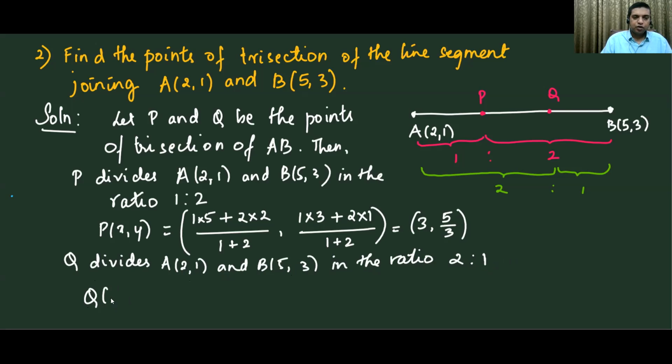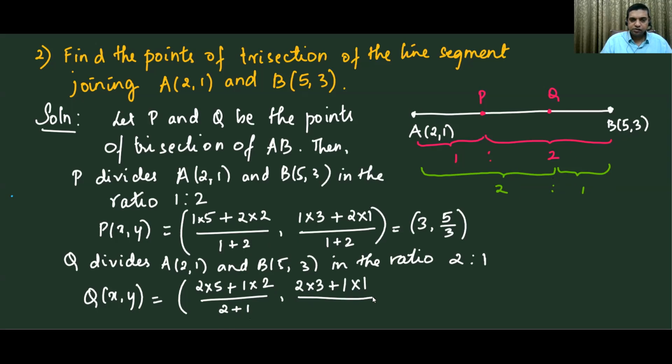Therefore, Q(x, y) will be the x coordinate 2 times 5 plus 1 times 2 by 2 plus 1, next, 2 times 3 plus 1 times 1 by 2 plus 1.